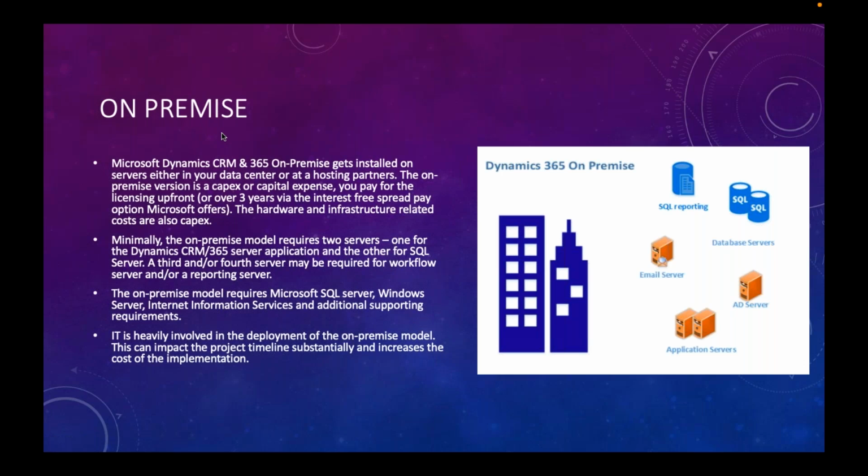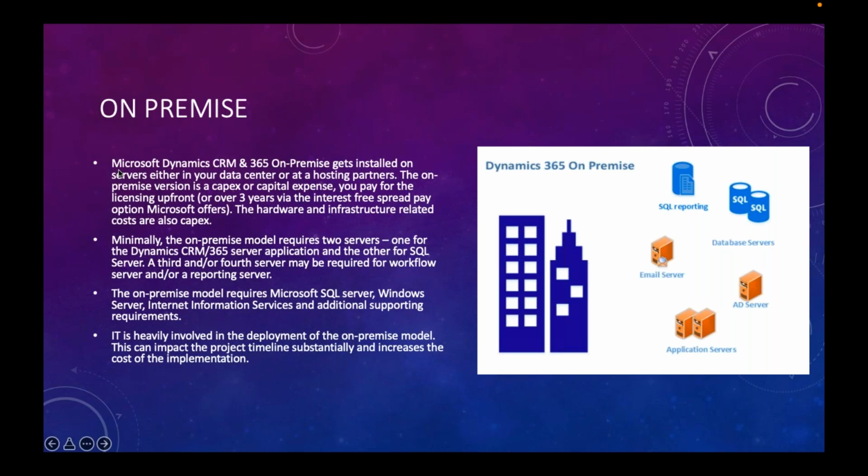Next one is about the on-premise. As I said, we have online and on-premises of Microsoft Dynamics 365. Our online will be hosted on some cloud platform, which is like data centers. But on-premise will be installed in our servers.